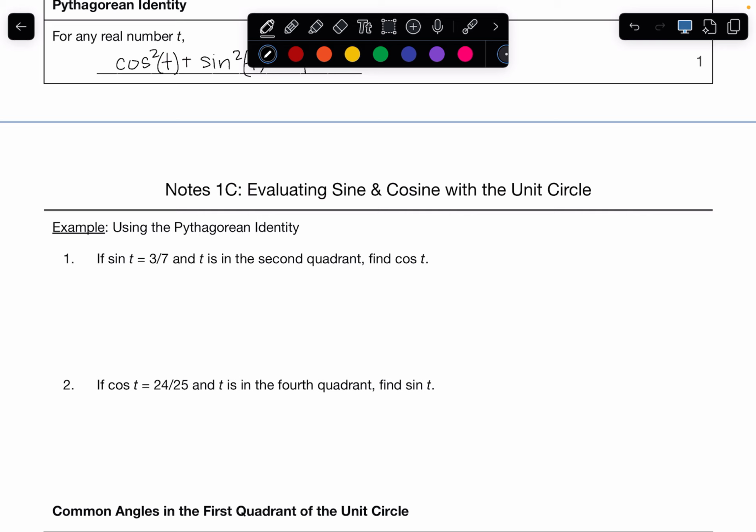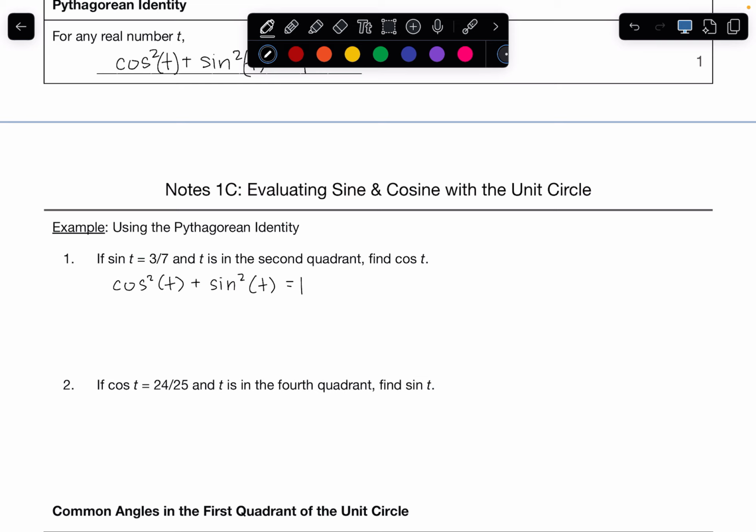So we're going to use the Pythagorean identity. Pythagorean identity tells me that cosine squared of t plus sine squared of t equals 1. And I have one of those 2 trig functions.